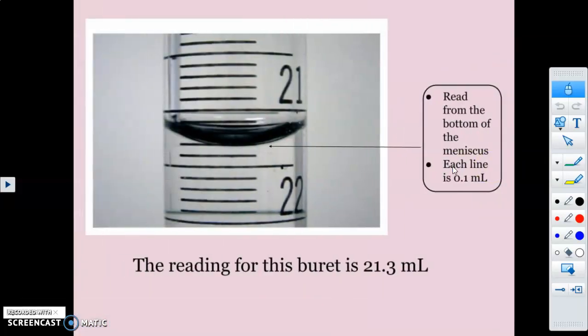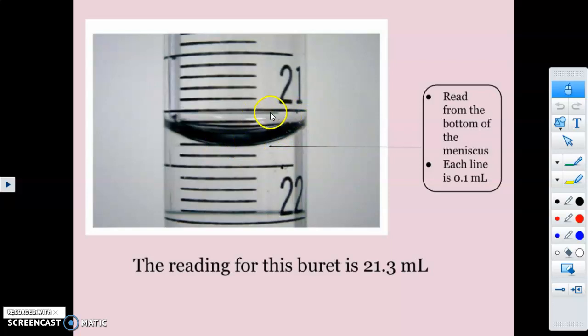Now, there's a special way to read the burette, and you're going to read a burette from the bottom of what's called the meniscus. The meniscus is kind of that surface of the water. And it's going to have a concave meniscus, and you're always going to read from the bottom. Also notice that this is going to measure by tenths of a milliliter.